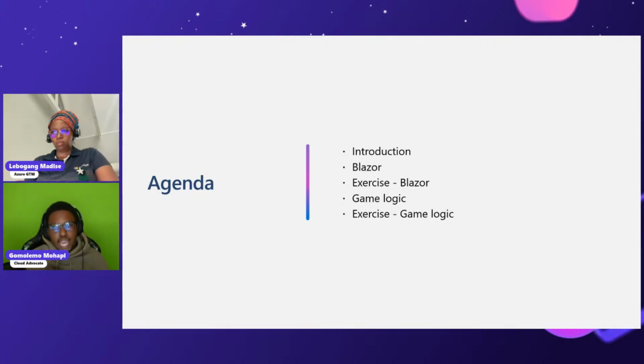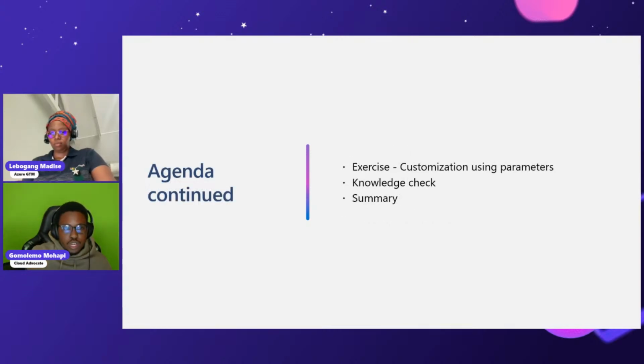Then we'll talk about the game logic, how the Connect 4 game works and how we can implement that logic. Then we will move on to customizing the game through personalized styles with CSS. Then we will do a quick knowledge check at the end to make sure that we've learned everything, and we'll end off with a nice summary.